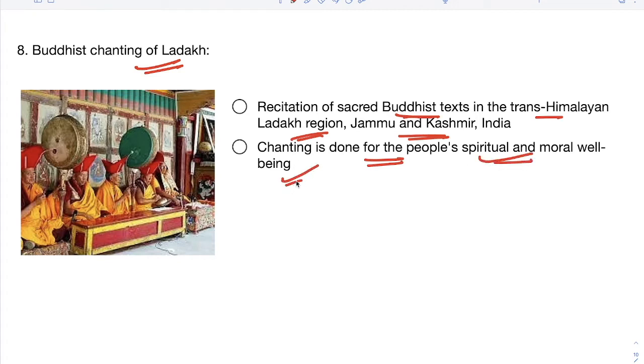In the Ladakh region they have two types of Buddhism, Mahayana and Hinayana. Based on the Buddhist traditions, they chant the stories every day, in the regions of Ladakh and Jammu and Kashmir.